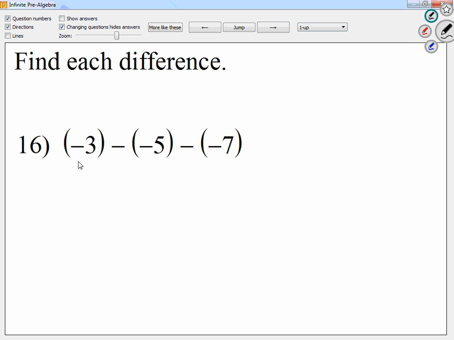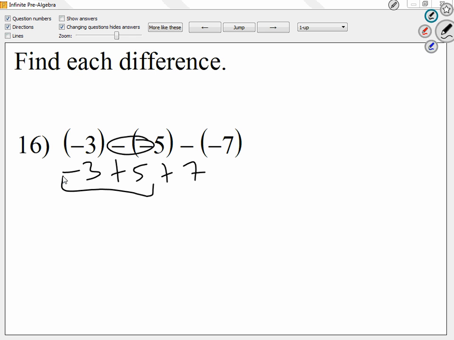Looking at 16, let me write -3 plus 5 plus 7. Again, I just wrote it without parentheses, and when there were two negative signs, I made it a plus sign. The first two numbers, -3, +5, I'm going to call that +2. I subtracted because they had different signs and kept the sign of the larger.